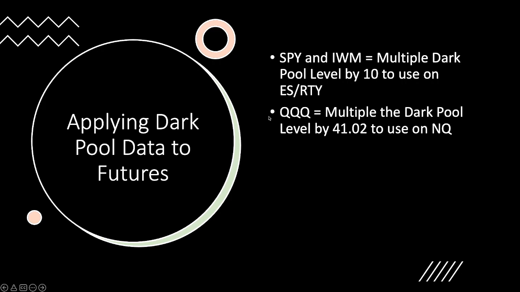Now, if you're like me, I just want to show the quick calculation that I use. So if I'm plotting levels on ES from dark pool data, and the same applies to RTY from dark pool data, which correlates with IWM, you multiply it by 10, and that will give you your levels.